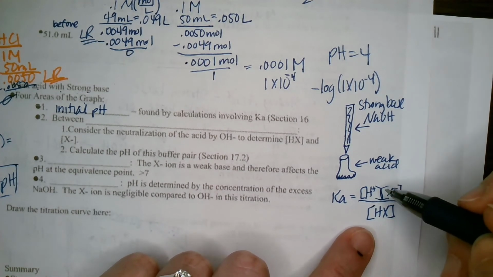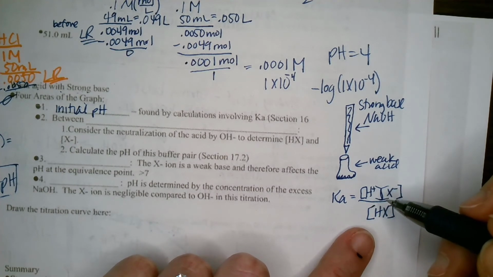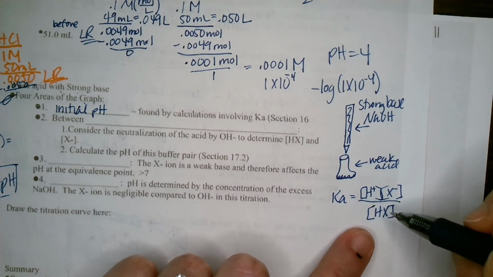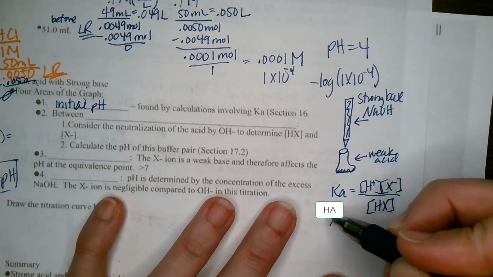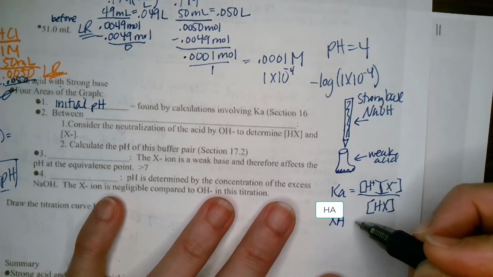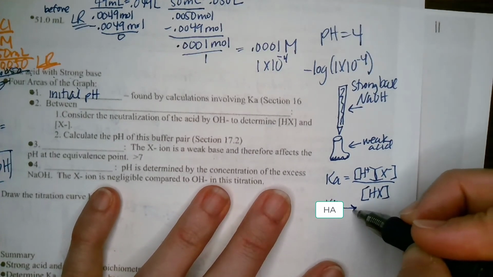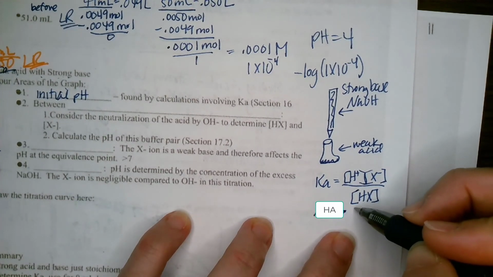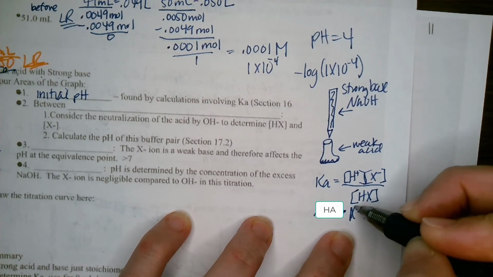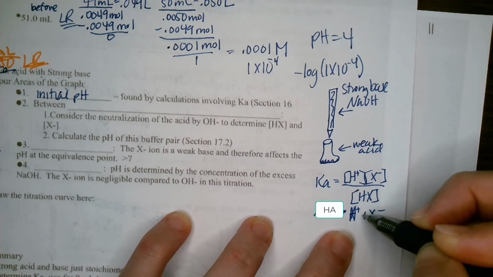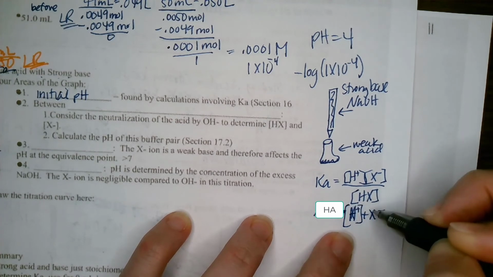If we don't have a strong acid like we did before, we can't just take the negative log of it, right? We have to take that acid and split it into our H plus and X minus concentrations.